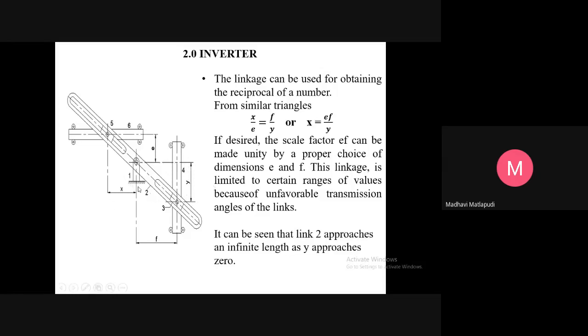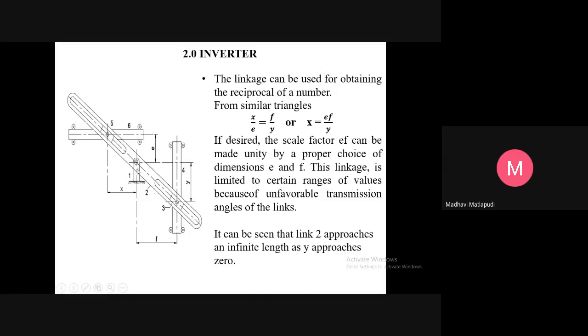Now, if you can form a triangle in this, you can observe, you can form two triangles on this particular geometry. You can form one triangle where E and X are two edges, and you can form one more triangle with Y and F as the other edges. So these two triangles happen to be similar triangles.